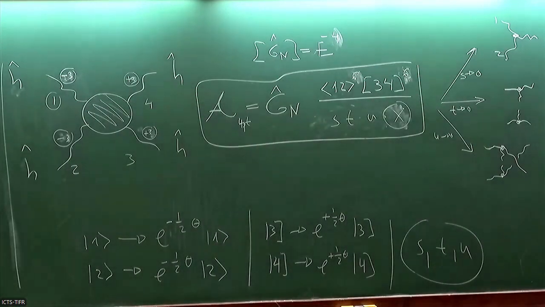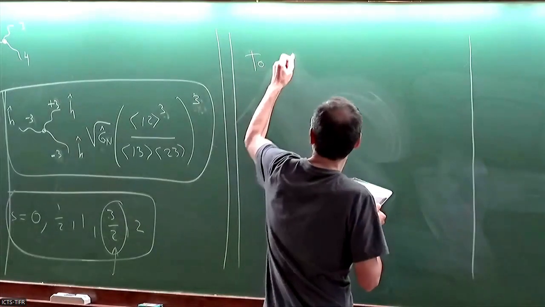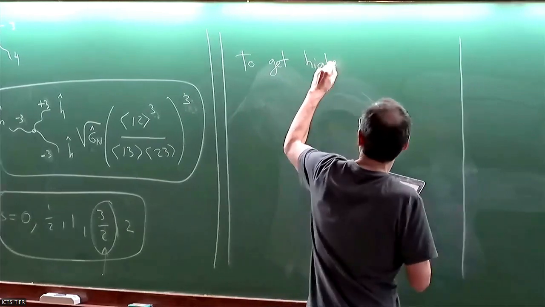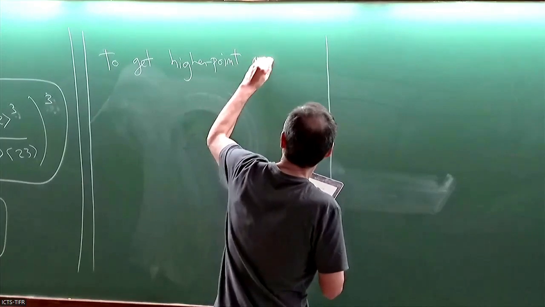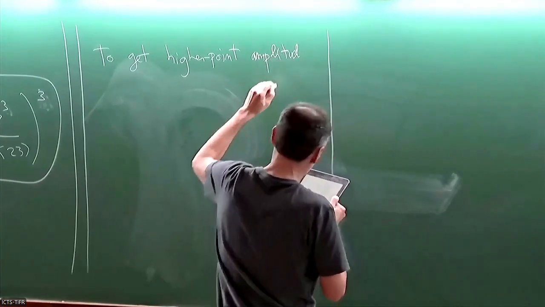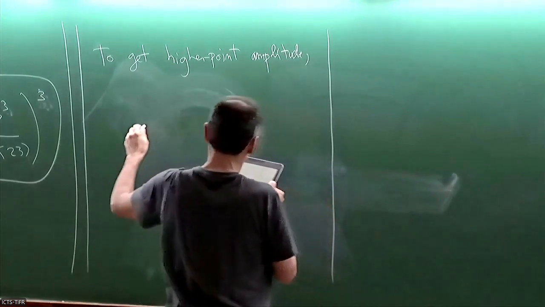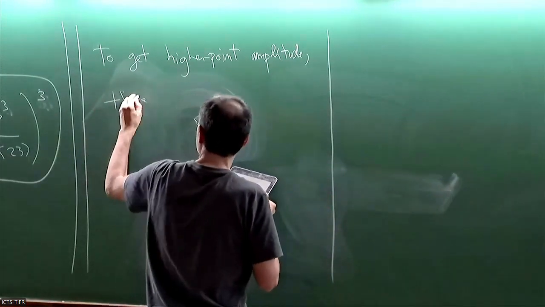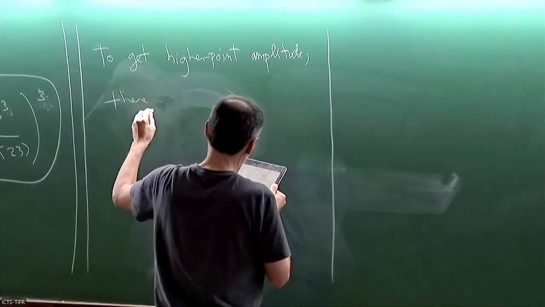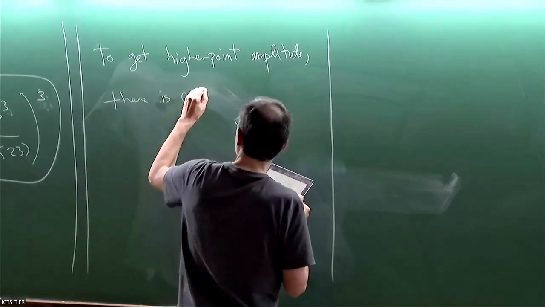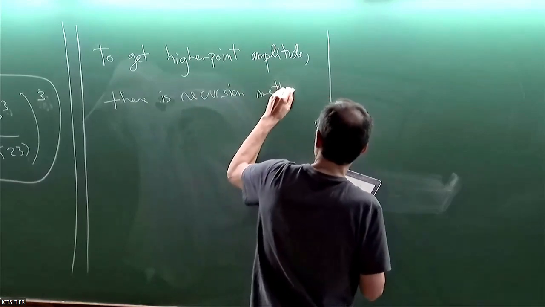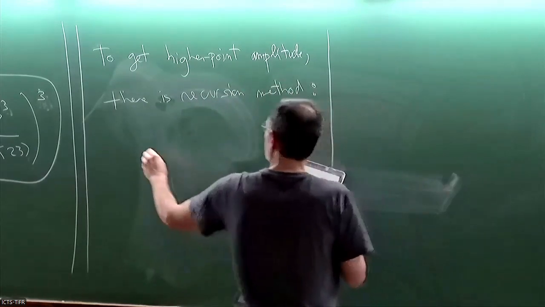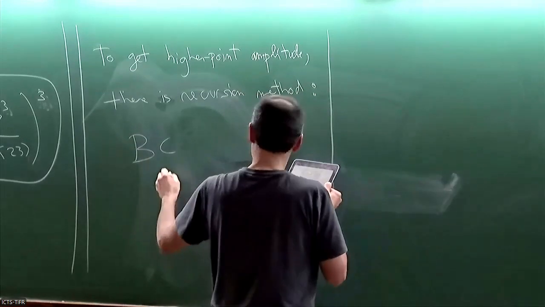But there was an amazing paper that I don't have time to go through. There are some relations, a recursion method, that is very famous, you can already find it on Wikipedia.